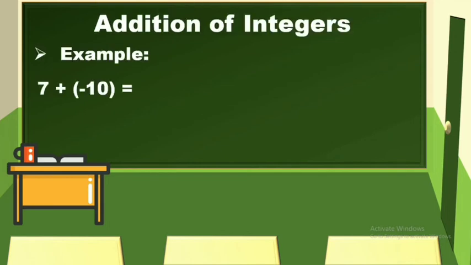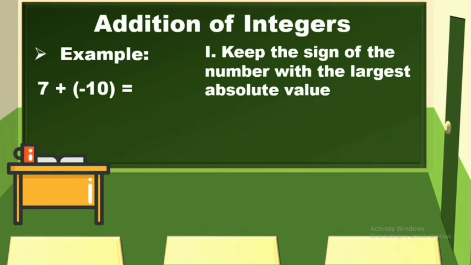What about positive 7 plus negative 10? First step, keep the sign of the number with the largest absolute value. In this case, we can say again that 10 is greater than 7. So therefore, we will use the sign of 10. And what is the sign of 10?